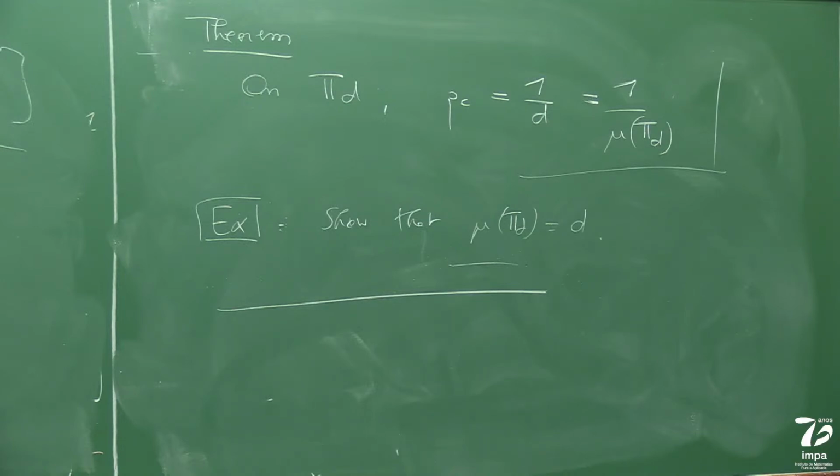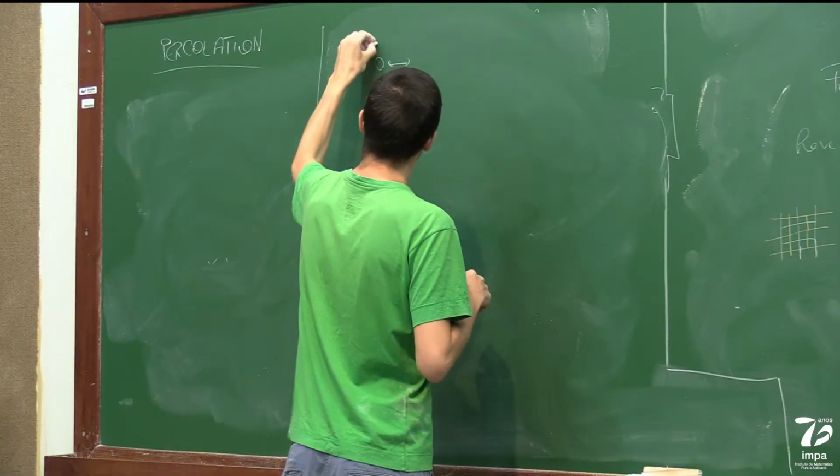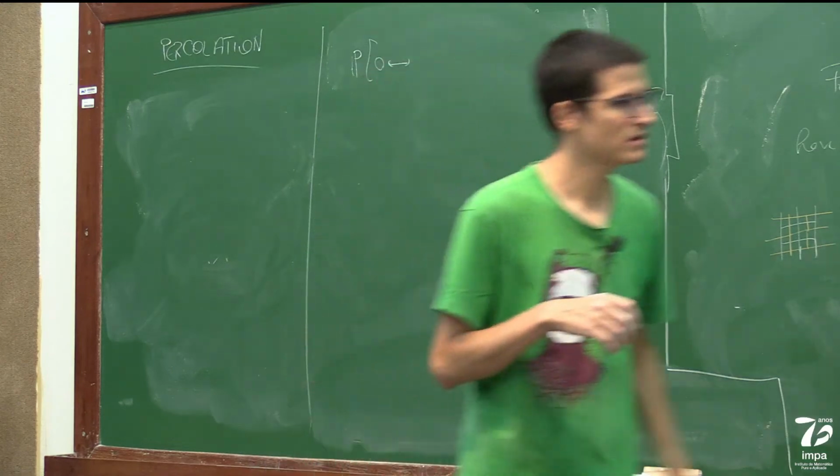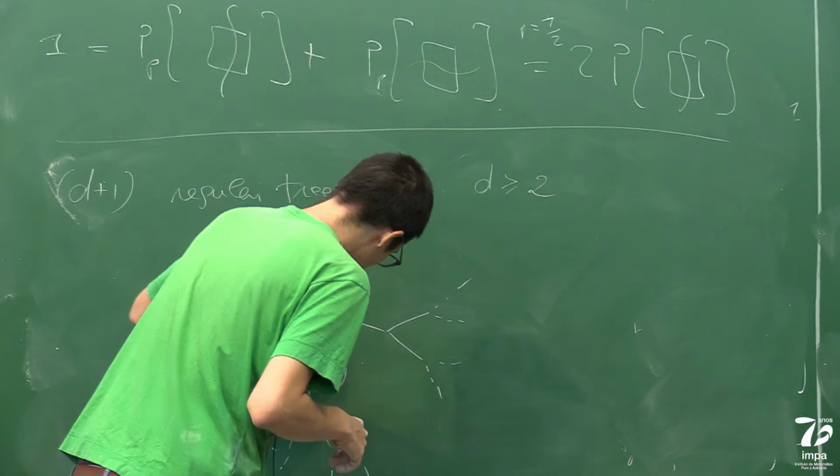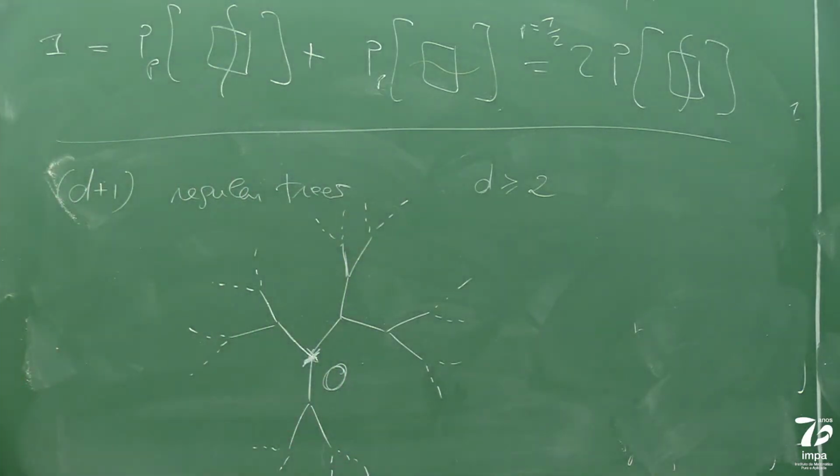I will just quickly repeat step 2. What we have is that the probability, here I will just take a vertex on my tree and say that it is equal to the origin, or the root of the tree.